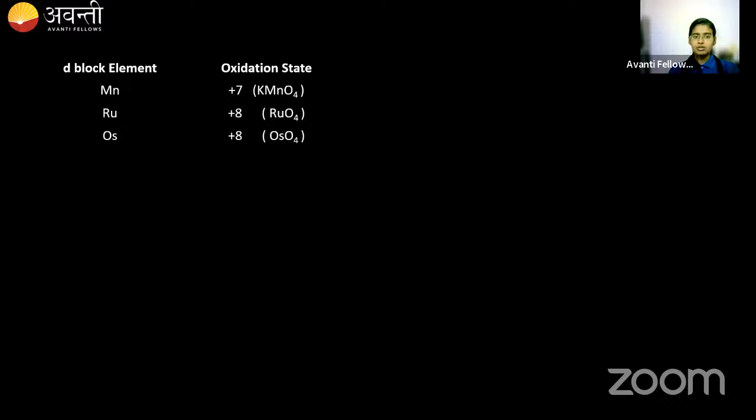All of you can find out the oxidation state by looking at the compound, right? Take KMnO4. To find the oxidation state of manganese, I take manganese as X. Potassium belongs to the first group, so it is +1, and each oxygen carries a -2 charge.